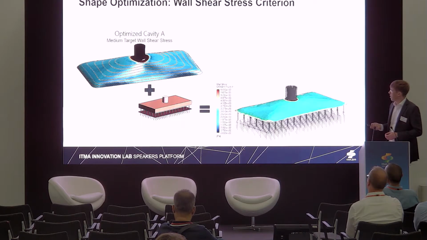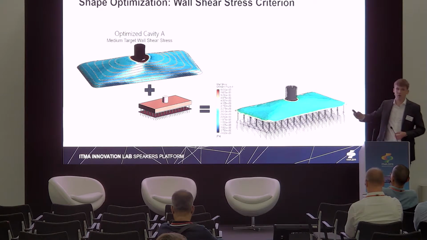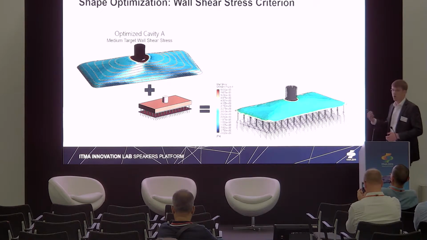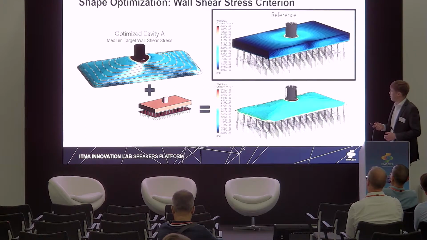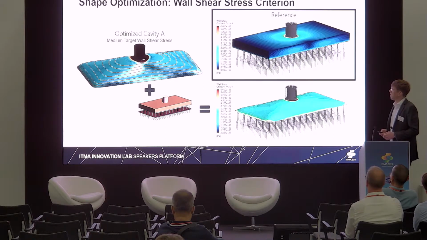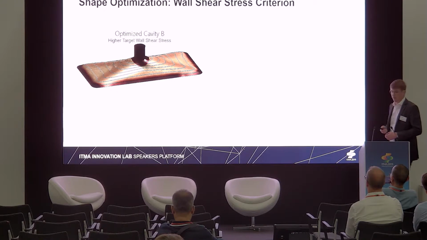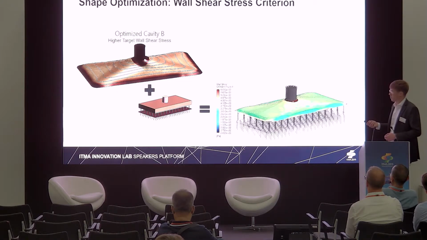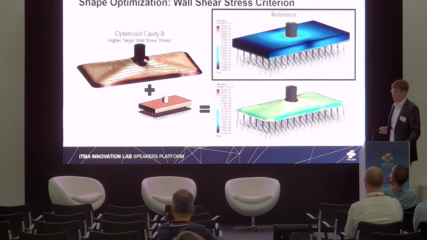And we put this together with the original spin pack and switch the cavity, get something like this. So this was a setting which was designed for some medium level of wall shear stress. And here we have some higher level of target wall shear stress, just a second variation, which we again use to optimize, and then get two optimized designs.